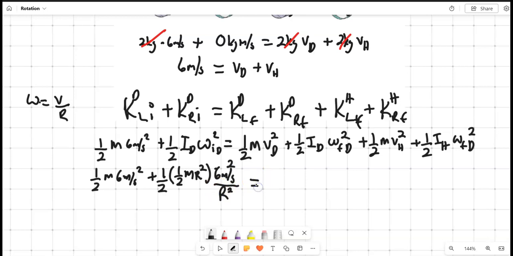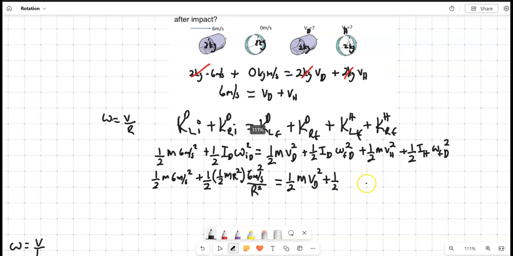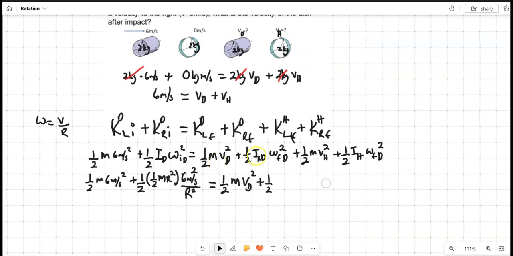That's going to be equal to 1/2 the mass times the linear velocity of the disk after the impact, plus the kinetic energy of the disk after the impact.